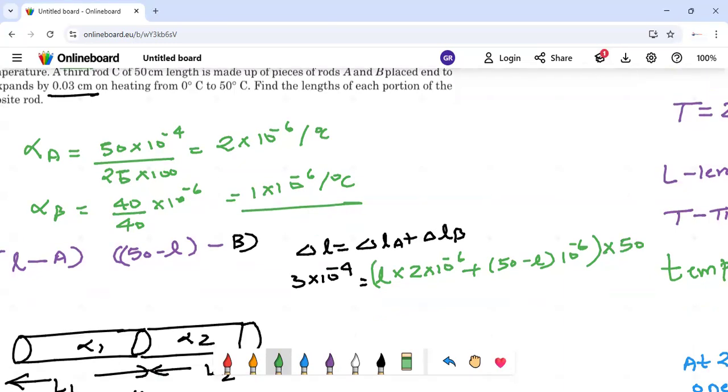Just solve this, and when you solve this, you will get the value of L as 10 centimeter. So that is the length of A in the rod, and obviously B will have the remaining 40 centimeter.